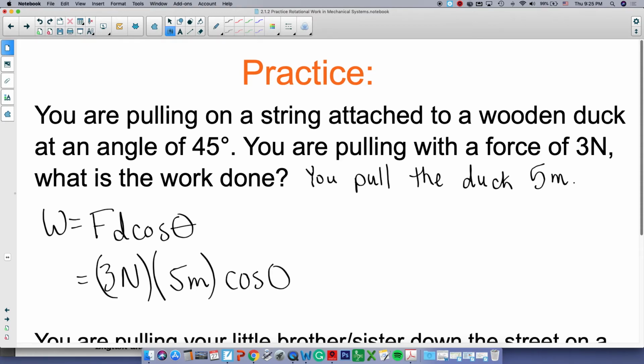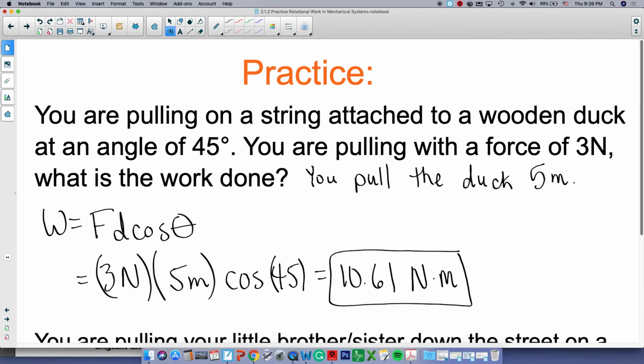And the rope is at an angle of 45 degrees from the horizontal. So I'll just throw that in your calculator: 3 times 5 times cosine 45, and you'll get 10.61.